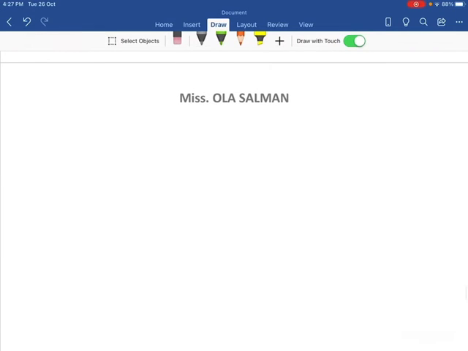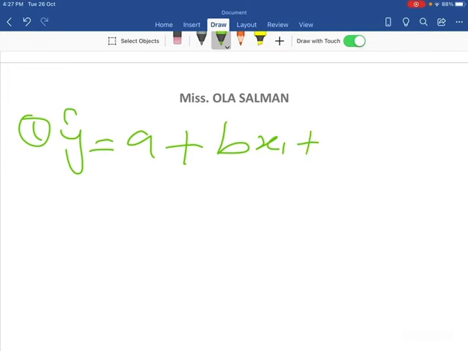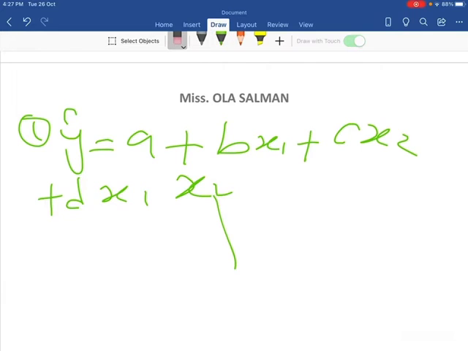So you will write y hat equal a plus b x1 plus c x2 plus d x1 x2. So you will substitute with the values from the output.